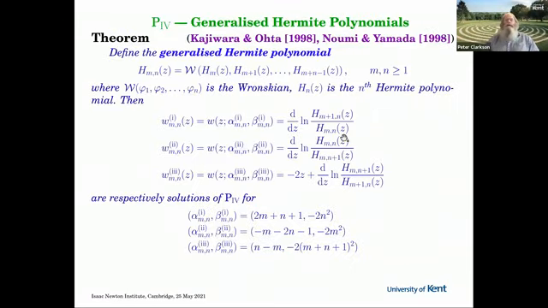And they come in three forms, and you'll see the relevance of this later. You take this generalized Hermite polynomial, which is a Wronskian of n successive Hermite polynomials. And then you get these three sets of solutions which fill up everything I had before.